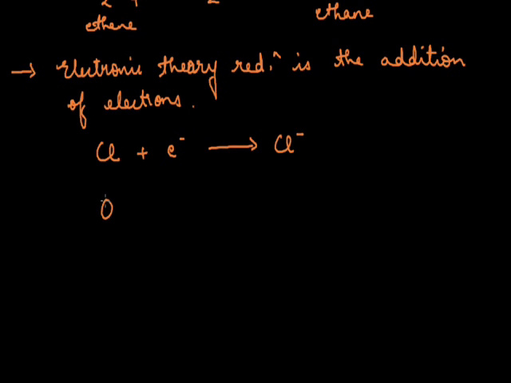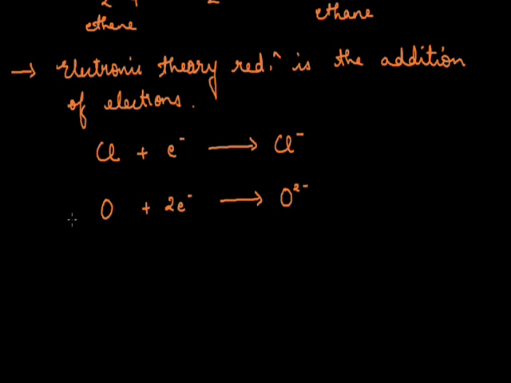Similarly, oxygen has to accept two electrons to complete its octet and form O2 minus. So this is again a reduction reaction. Here oxygen is reduced to oxide ion. In the above case, chlorine is reduced to chloride ion.